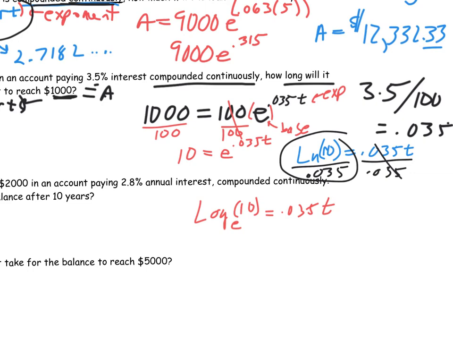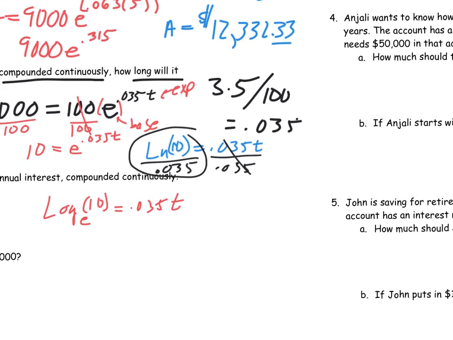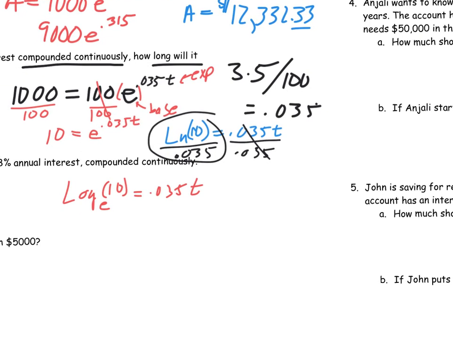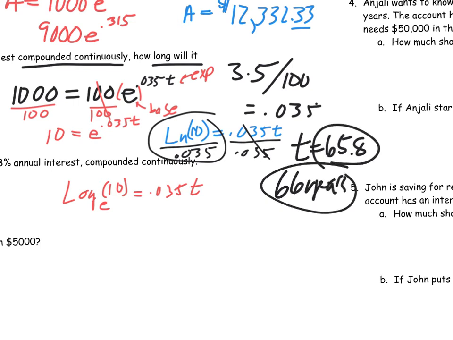65.8 roughly. Now what does that mean? Time is going to equal 65.8 years. Or if you round it, you couldn't do it in 65 years, it'd take at least 66 years. But I'd take 65.8 also.